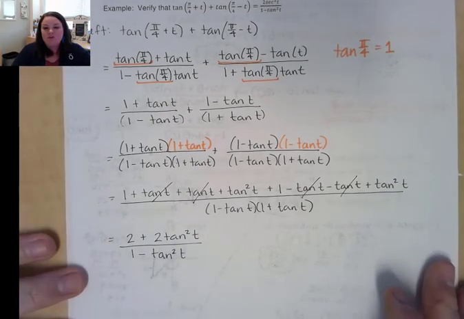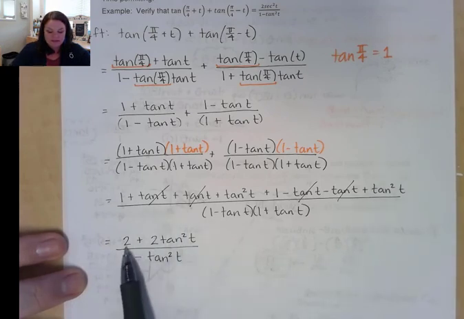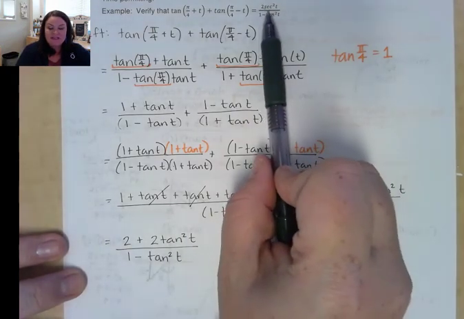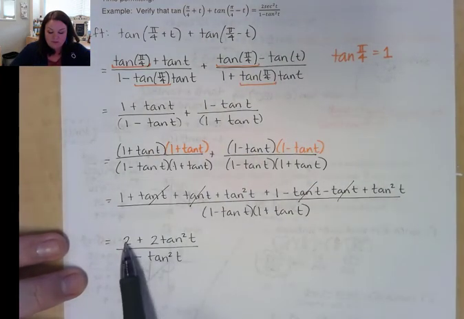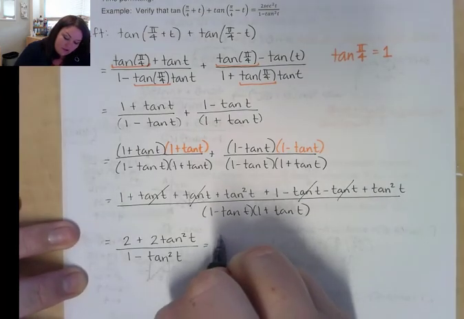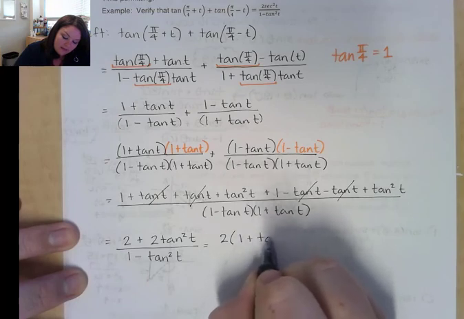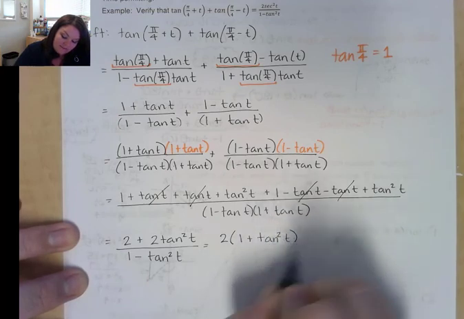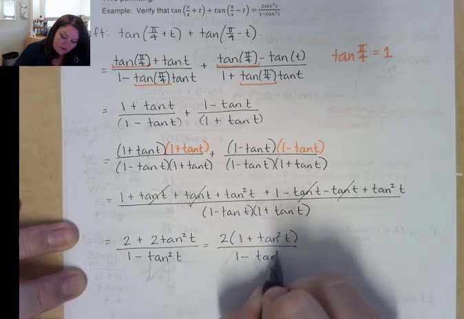So I'm almost to what I need it to be, right? The only difference is I need to end up with a 2 secant squared t instead of this. So I have a 2 in both terms, so I'm going to go ahead and just factor that 2 out. That leaves me with 1 plus tangent squared t all over 1 minus tangent squared t.